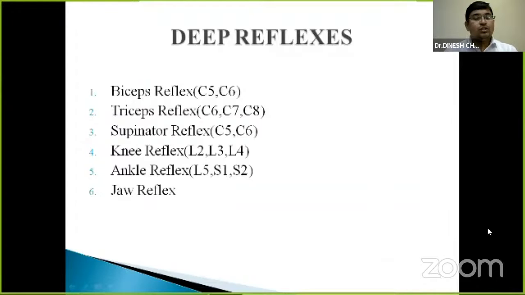Then the jaw reflex, for which the afferent goes with the trigeminal nerve. Basically we see the action of the masseter. So these are the deep reflexes we regularly practice when we evaluate a patient. We will see these reflexes in the video later.